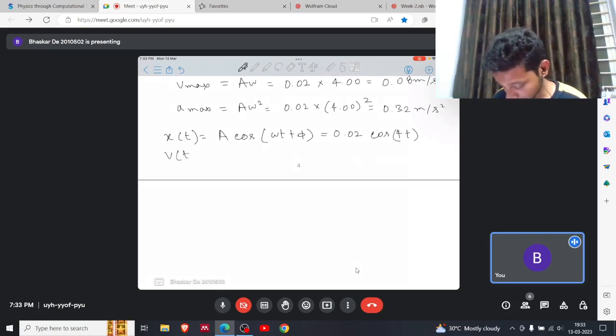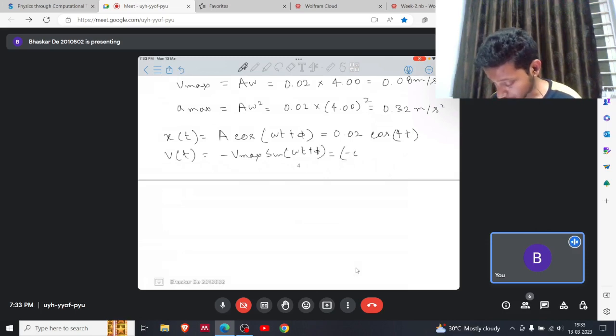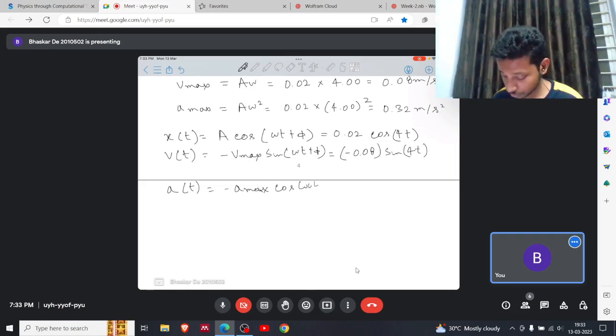Then v(t) equals minus Vmax sin(omega t plus phi), which is minus 0.08 sin(4t), and a(t) equals minus A max cos(omega t plus phi), which is minus 0.32 cos(4t). So these are the equations of motion for this particular mass.